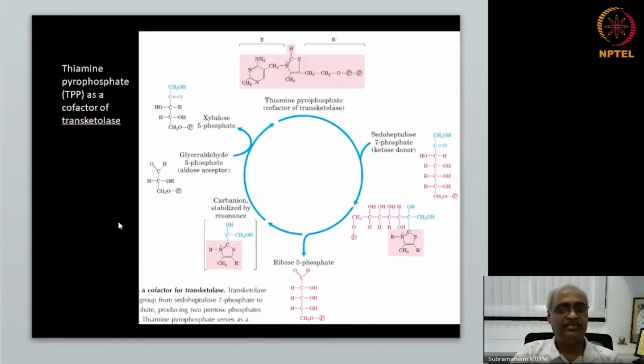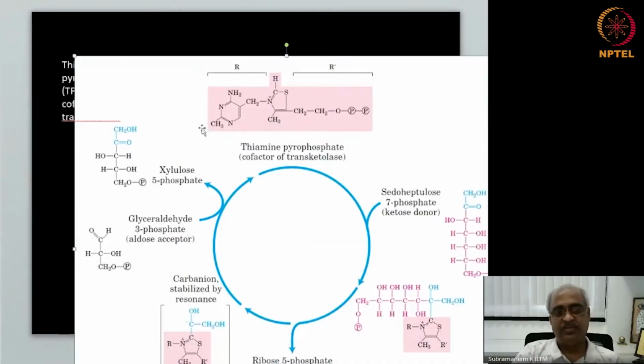All right. So now we will focus a little bit on the transketolase enzyme, because this enzyme we will probably not encounter elsewhere in biochemistry, but this is an important group transfer reaction. So I want to go through it in some detail, not great detail, but some detail. This molecule is very familiar to us.